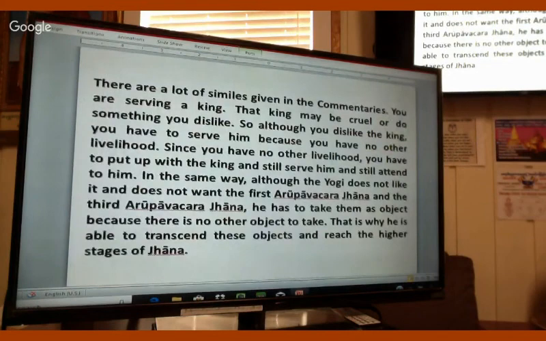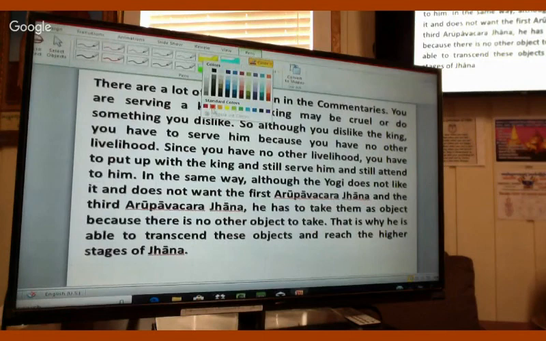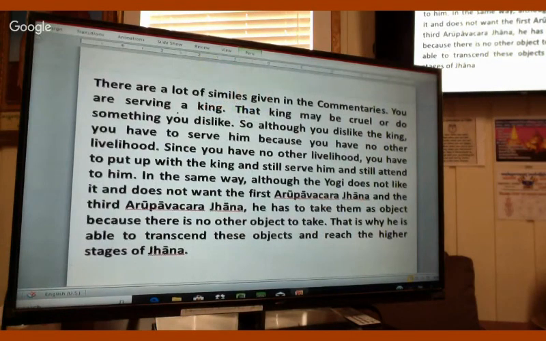So here the Buddha gave an example. You are serving a king. That king is very cruel and gets angry very easily. So very dangerous, isn't it? You have to do things you dislike. Although you dislike that king, you have to serve him. You have no choice because you have no other livelihood.